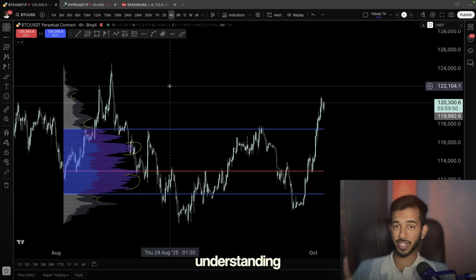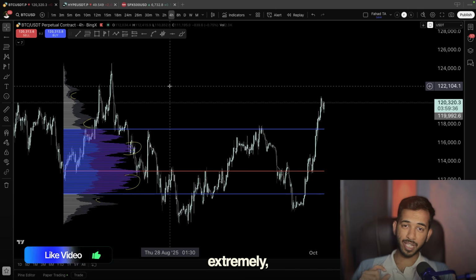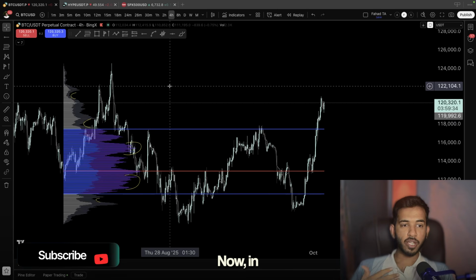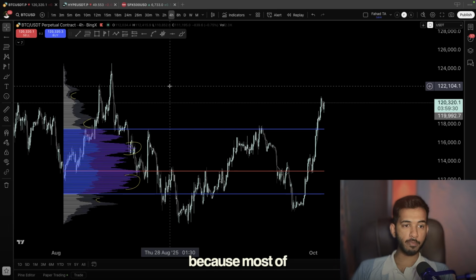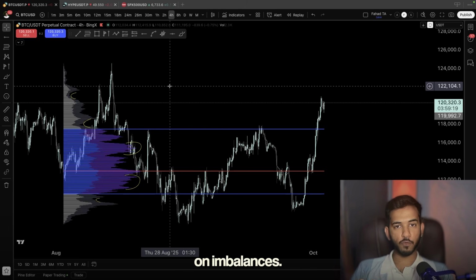Now this gives you an understanding that even though the market was pumping or dumping or whatever the price action was, there are certain areas where you did not get to see any kind of reaction because there was extremely low volume. In scenarios like this, you have to make sure that you give this importance and mark it on your chart, because most of the time those areas will become a strong area of support and resistance, because again, low volume nodes are basically imbalances in the market and the market can never move on imbalances.